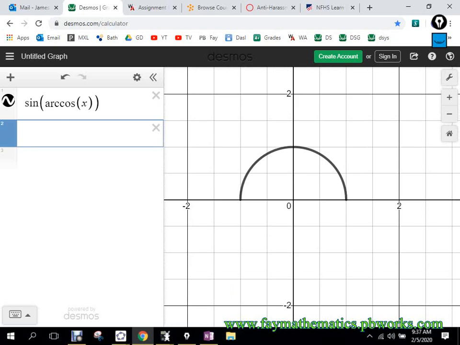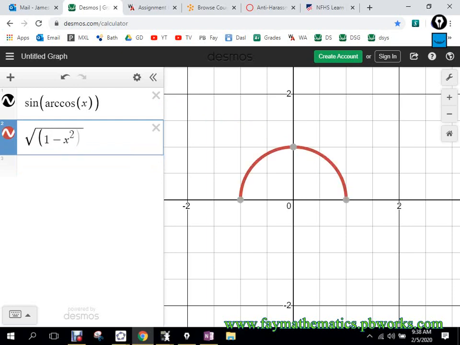And maybe if you remember back to Algebra 1, working with circles, you had to type in y1 and y2. With your circles, you had to type in the square root of 1 minus x squared.